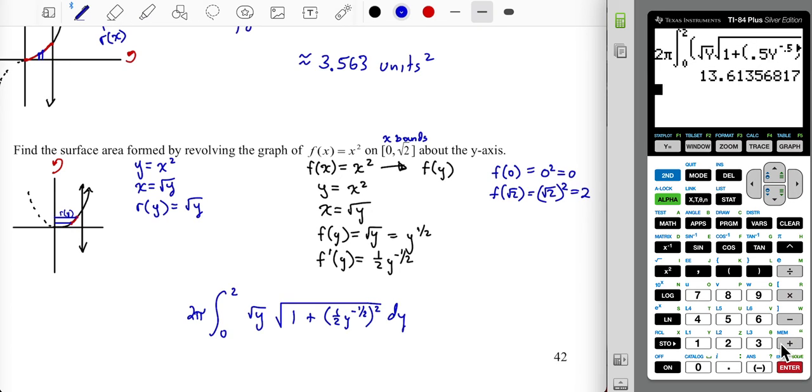So about 13.614. And this would be square units.